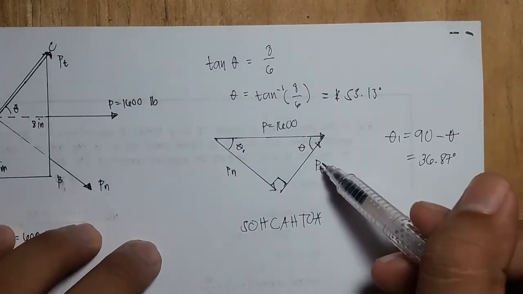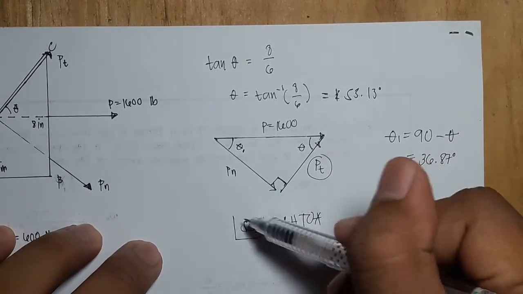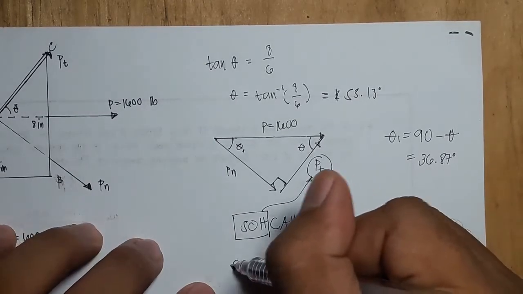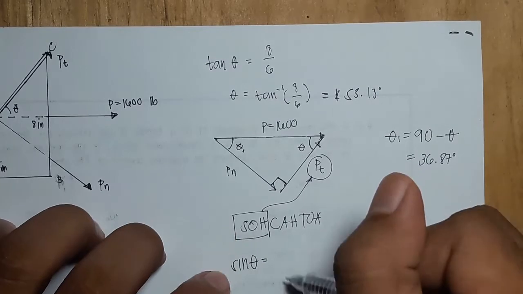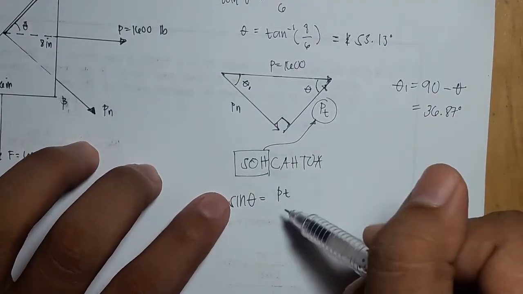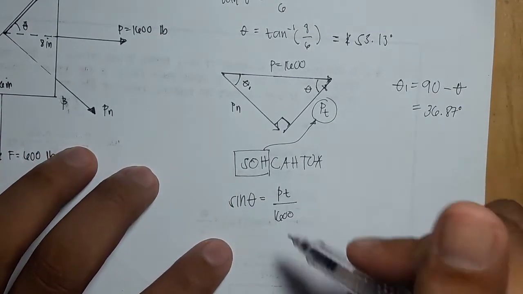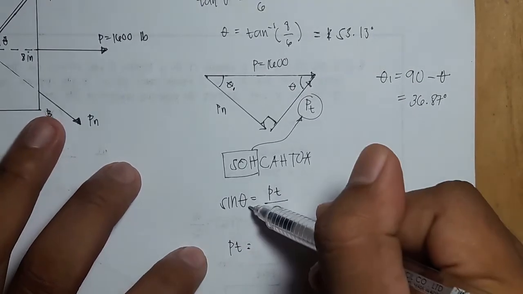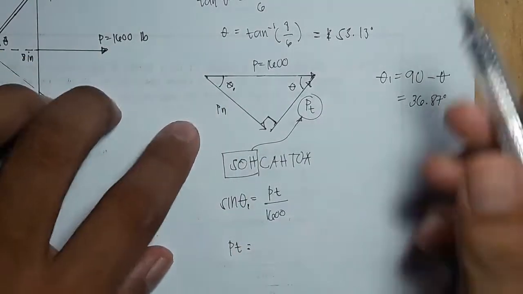If I am solving for PT, I am using the sine function. Sine theta is equal to opposite, so the opposite is PT over the hypotenuse of 1,600. By the way, this is theta 1 because we are using this angle here.